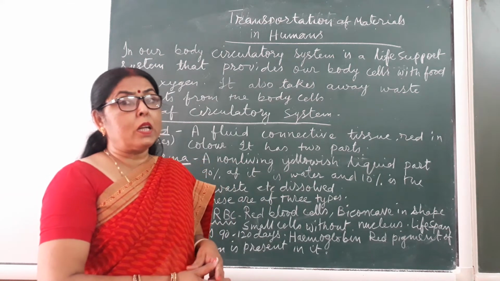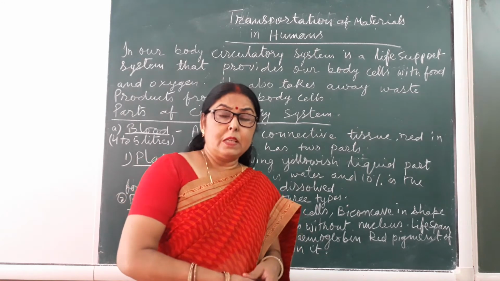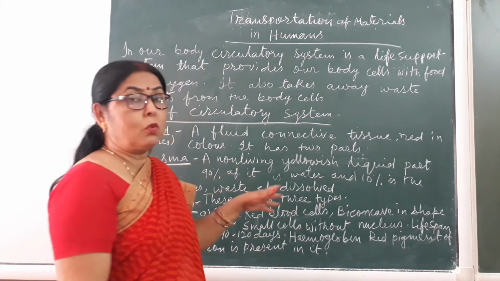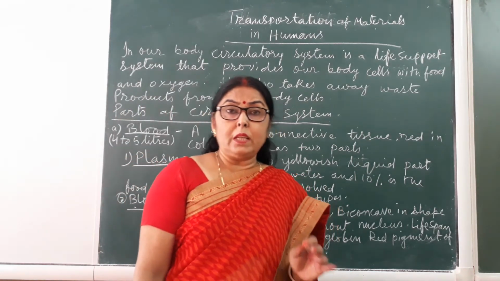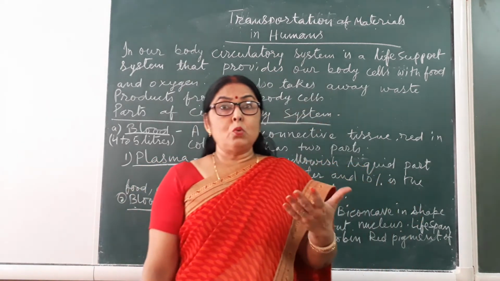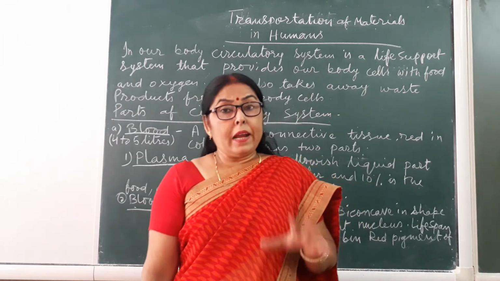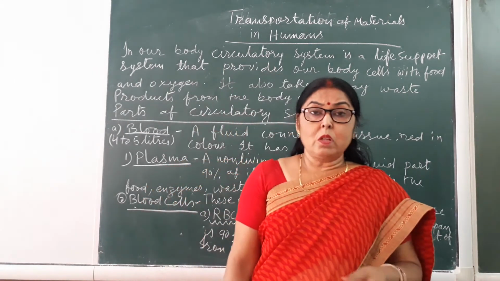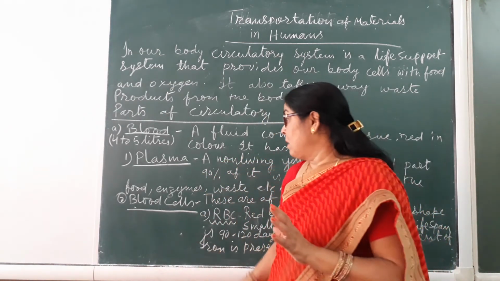It is a watery, yellowish colored fluid, and 90% of plasma is water and only 10% is food, I mean the nutrients, and enzymes, hormones, and waste also. All these are present in plasma.